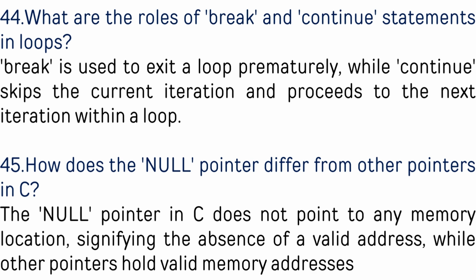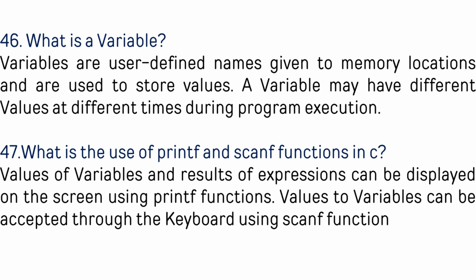How does the null pointer differ from other pointers in C? The null pointer in C does not point to any memory location, signifying the absence of a valid address, while other pointers hold a valid memory address.